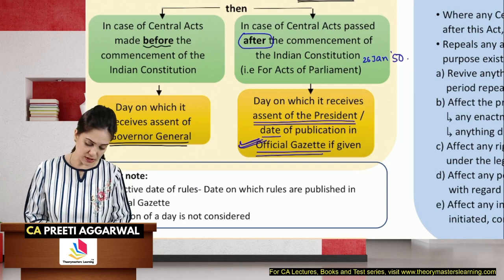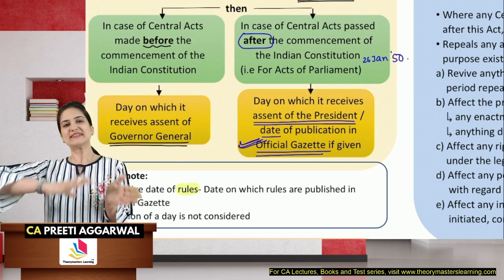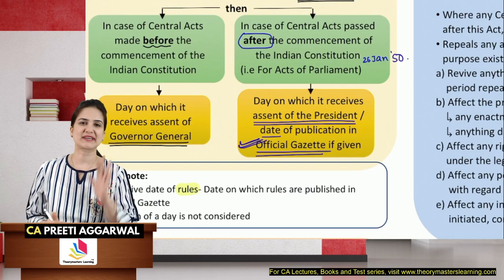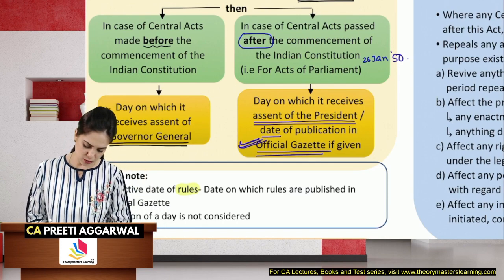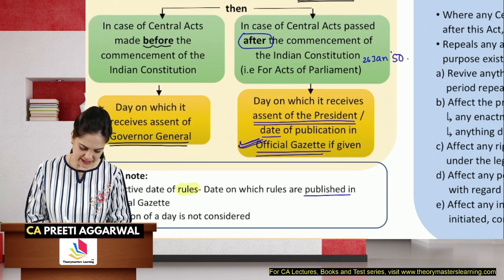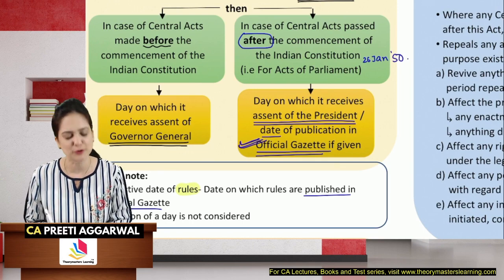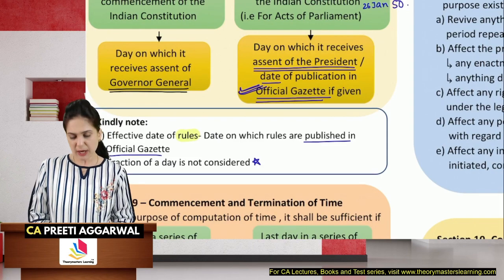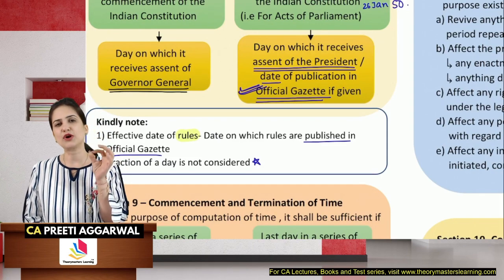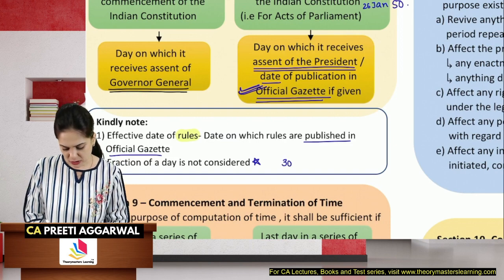What about the rules? The act is supported by rules. Wherever you see "as prescribed", that prescribed thing is given in the rules. The day on which the rules are published in the official gazette is the day on which the rules come into force. Fraction of a day is not considered. Now, the Companies Act was published in the official gazette on 30th August 2013.